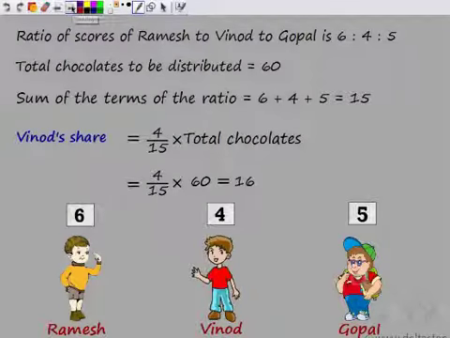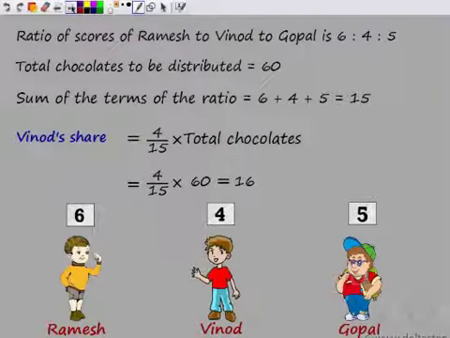That is, the number of chocolates that Vinod gets would be 16. Now let's find Gopal's share. One way to do it is, we know the total chocolates to be distributed is 60. We know the share of Ramesh, which is 24. We know the share of Vinod, which is 16. So 24 plus 16, and you can subtract this from the total number of chocolates to get Gopal's share.